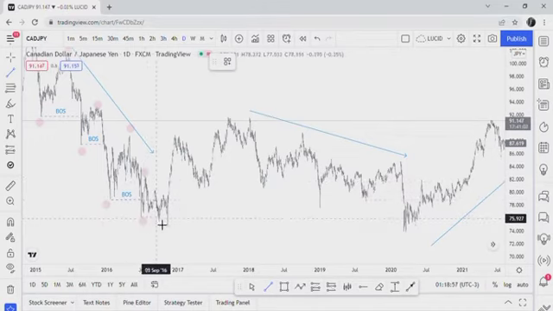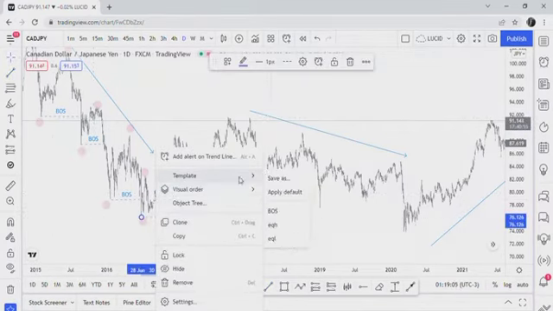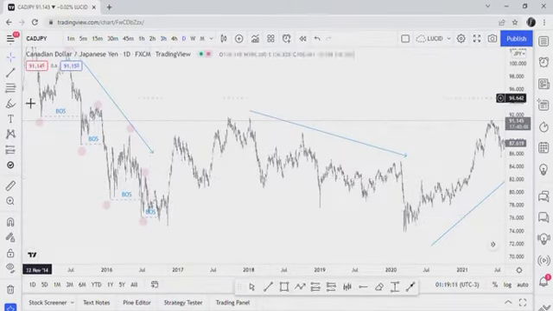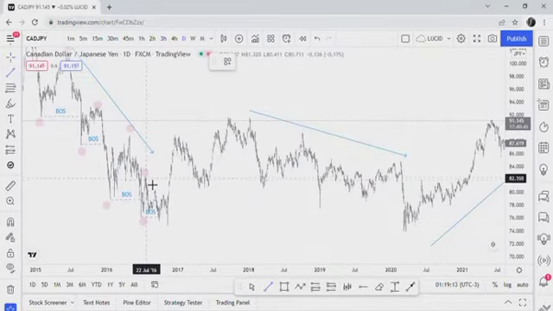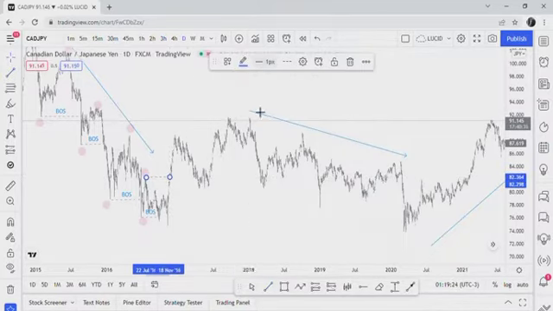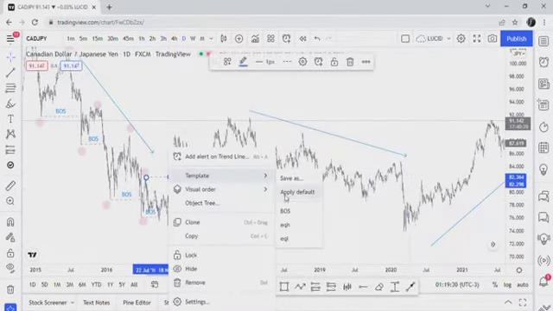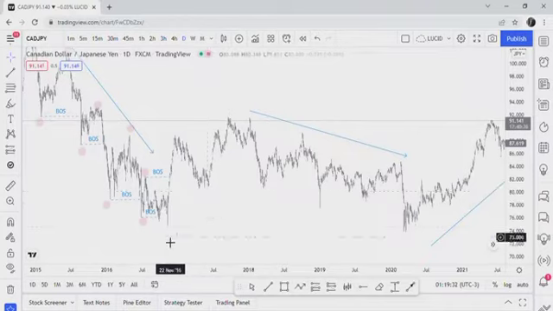This low was weak, right? This low was weak. Then this low was weak, which confirmed this as a high because it was broken. Break of structure to the upside.